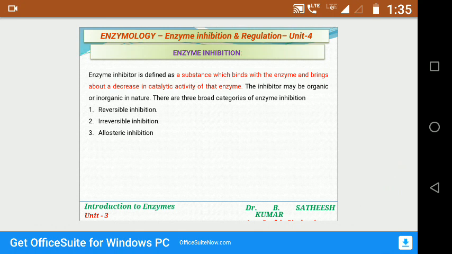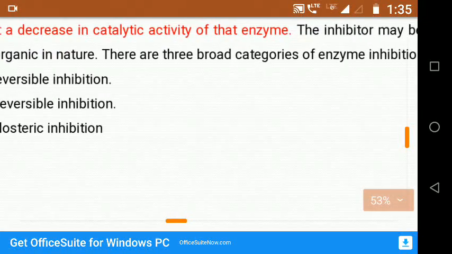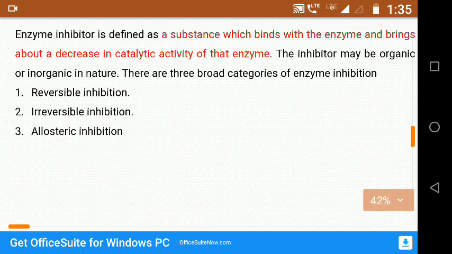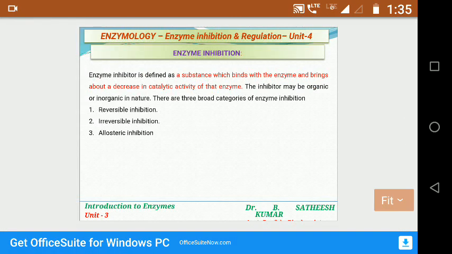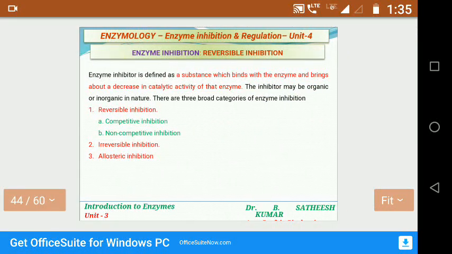Enzyme inhibitions are broadly categorized into three categories. First one is reversible inhibition, second one is irreversible inhibition, and third one is allosteric inhibition.